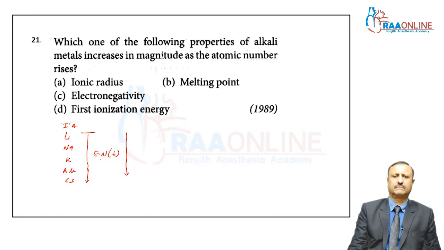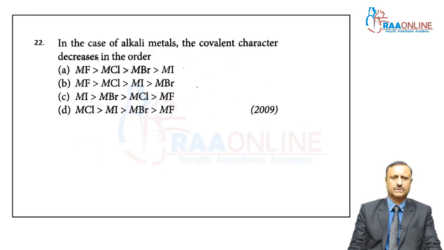First ionization energy also decreases. And third one, my dear students, melting point also decreases. So only one property, ionic radius, increases when we move from top to bottom. Now we can go to question number 22.